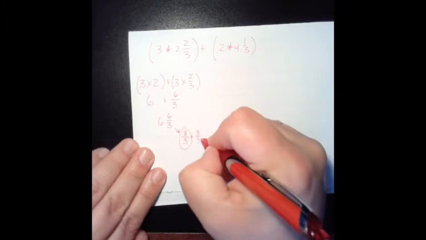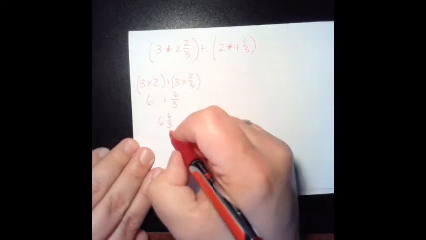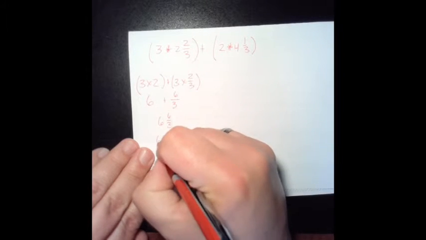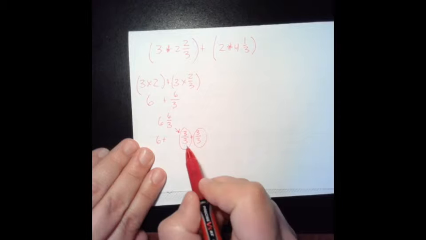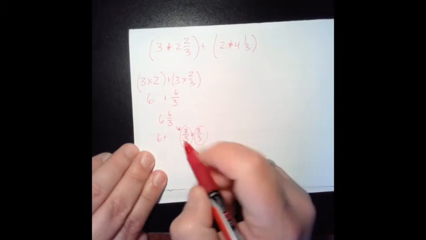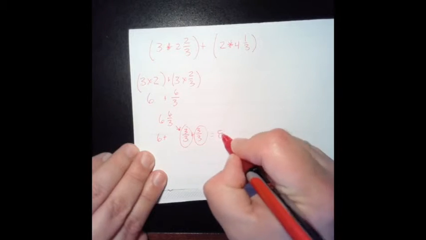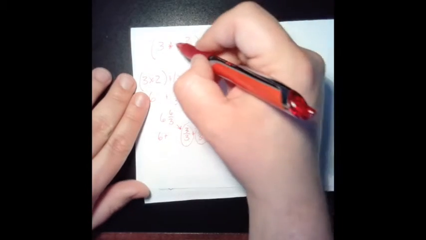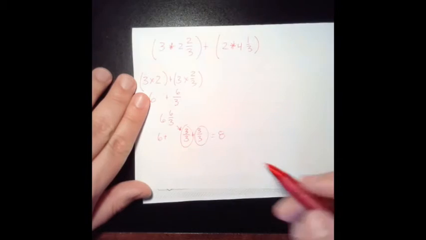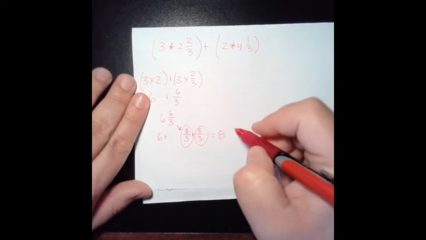And that would equal 6/3, right? Well, that's 1 whole and 2 wholes. So really 6 6/3 is the same as saying 6 plus 3/3 plus 3/3, which we know is 6 plus 1 whole plus 1 whole, which would equal 8. So the answer is 8 for that first parentheses. So we're going to hold on to that.